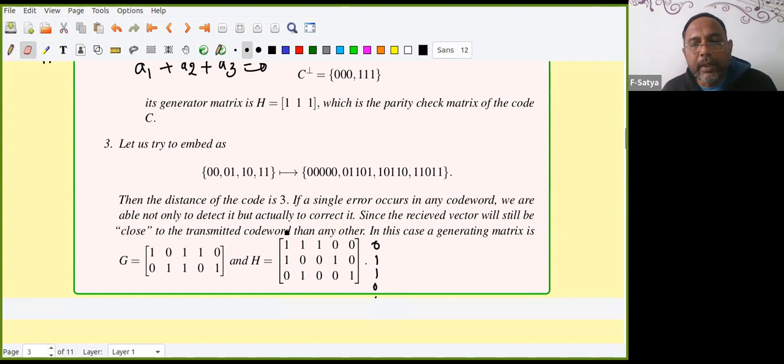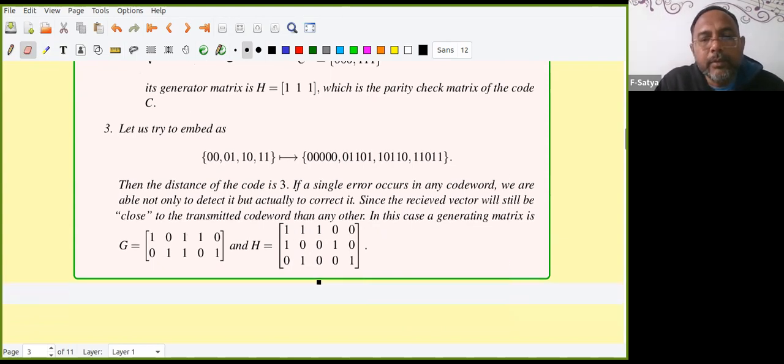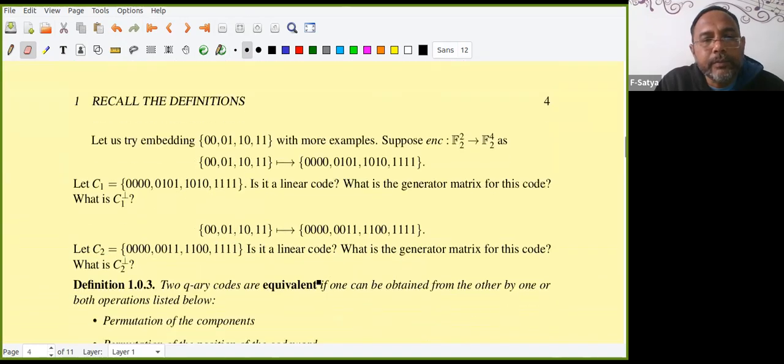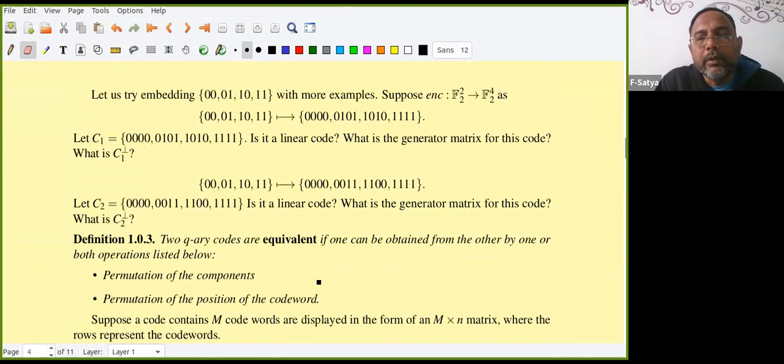So this code can be thought of as the image of this or the null space of this. The size of this matrix is 2 by 5 and this is 3 by 5. Any questions? Yeah. So let us try this way: if you embed like this, is it a linear code?